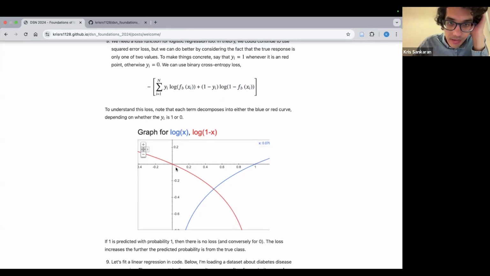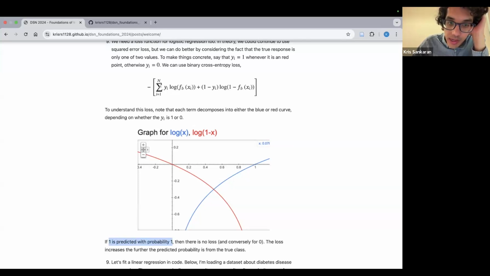Well, you can just analyze these two curves, right? So the red curve, the log 1 minus x, this x-intercept here is at 0. The log x, the x-intercept is at 1, right? So imagine if f here is 1, then you're right here. This log f would be 0, right?